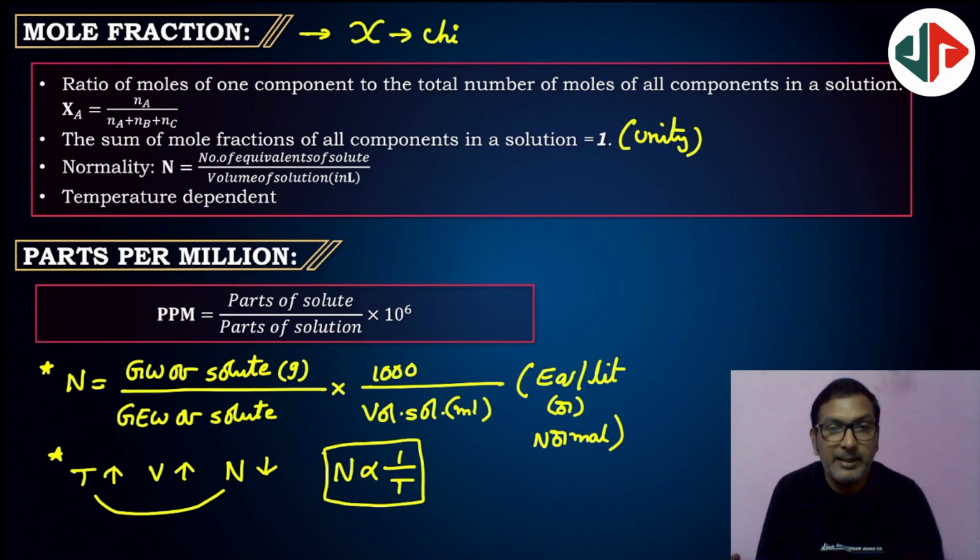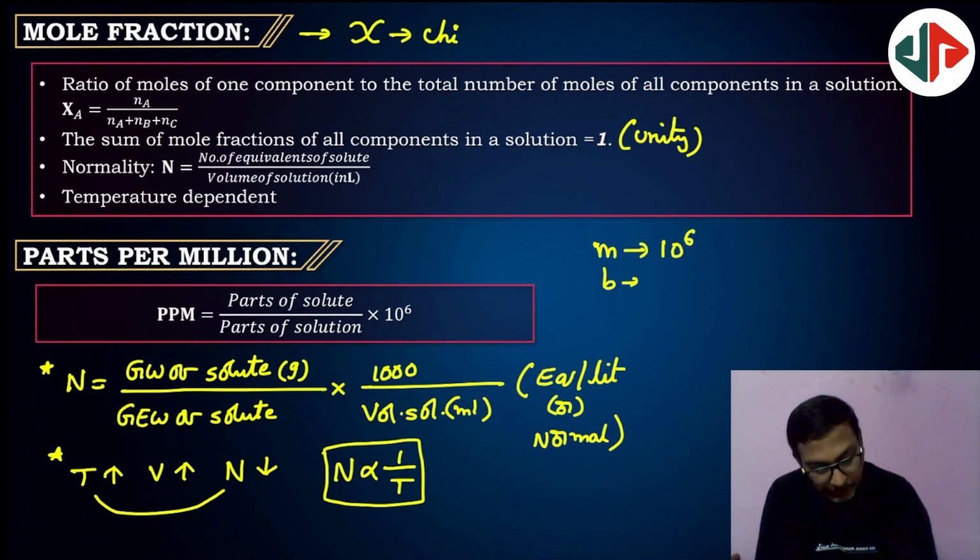Next, parts per million, ppm. Parts of solute by parts of solution. Simply, weight of solute by weight of solution into 10 power 6. Remember here: million 10 power 6, billion 10 power 9, trillion 10 power 12. Remember these three.